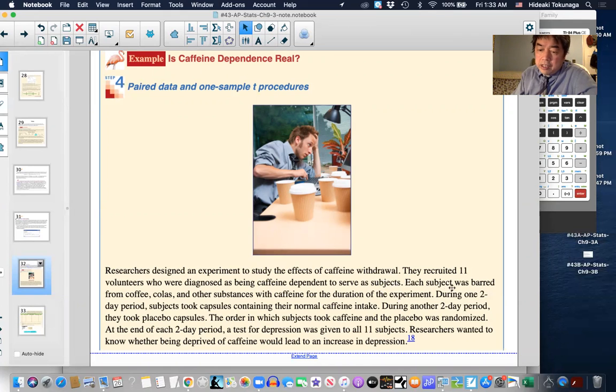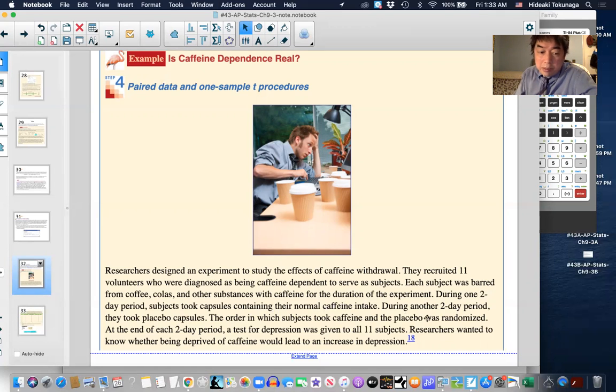Each subject abstained from caffeine, colas, and substances with caffeine for the duration of the experiment. So they can't drink coffee, they can drink Coca-Cola, anything like that. During 2 day periods, subjects took capsules containing their normal caffeine intake. If they have to take the caffeine, they just take the pill.